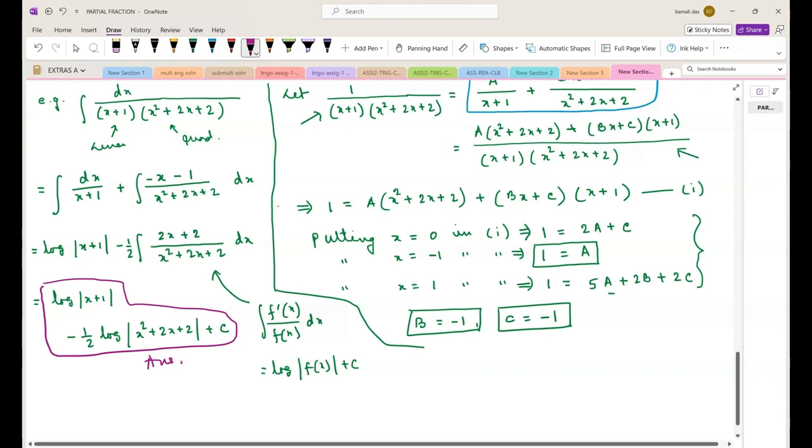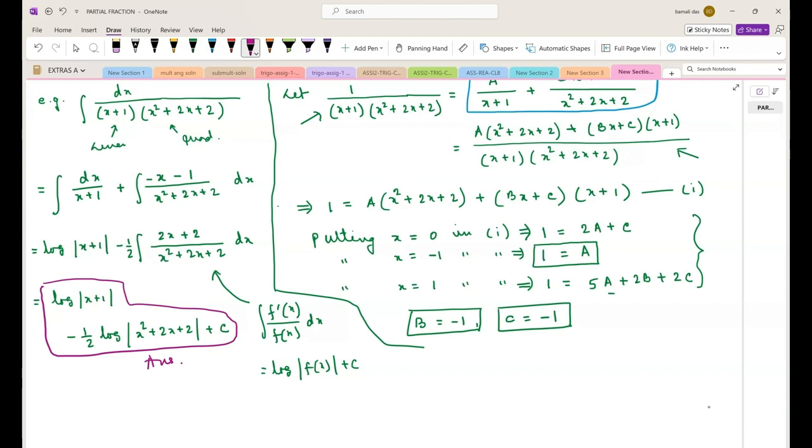Okay. Now, if you go to your NCERT exercise, I'm sure you can find it. Some number 9.